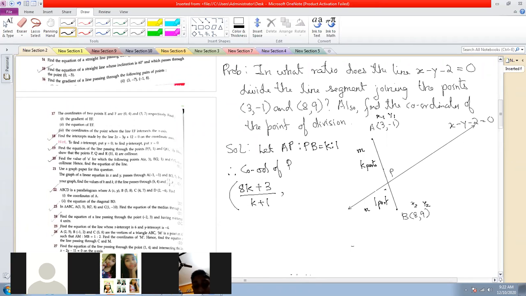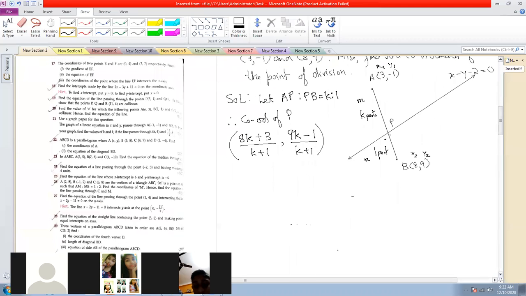Next, m y2, k into y2, y2 is 9, so 9k, plus n y1, n is 1 and y1 is minus 1, so 1 into minus 1 is minus 1, divided by k plus 1. This is the coordinates of P.